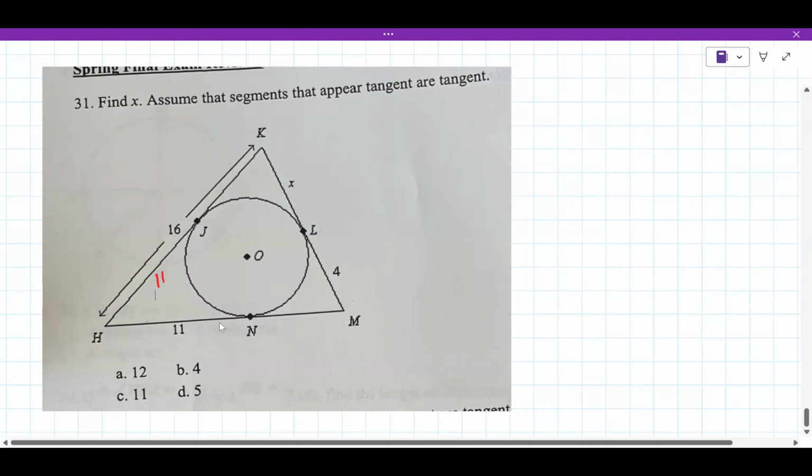Oh, now I see it. So if HJ is 11 and the whole thing is 16, what is J to K? J to K would be 5. So what is the value of X? X equals 5.